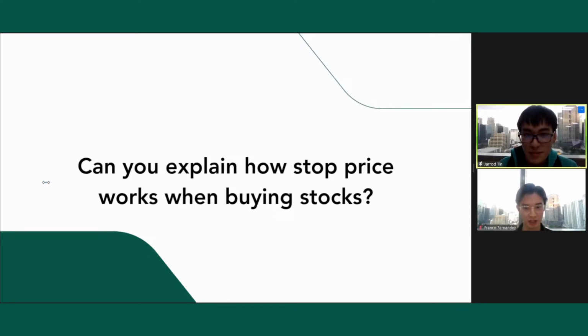Can you explain how stop price works when buying stocks? Jarrod, I think this one's for you. Okay, so stop price. When buying stocks, this is mostly for buy on breakout trades. If you go back to the Ali example, let's say you want to buy the breakout of 30 pesos, but the price is not yet at 30 pesos. Let's say it's at 29.5.